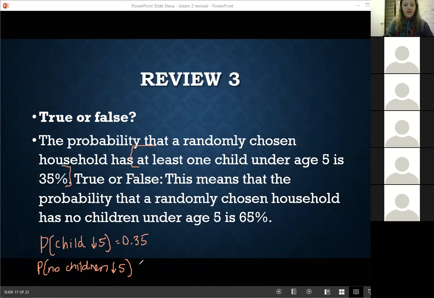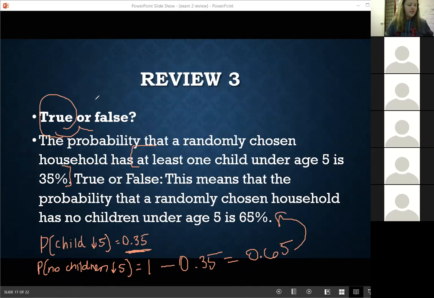So basically to find this, all we have to do is 1 minus the probability of the opposite thing, which would be the probability that the child is under 5, so that'd be 0.35, and then we would end up getting 0.65, which is 65%. So this would be true because that holds true for one of our probability rules. Does that make sense how I got to that?